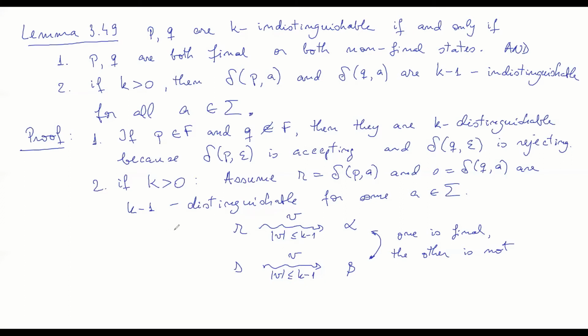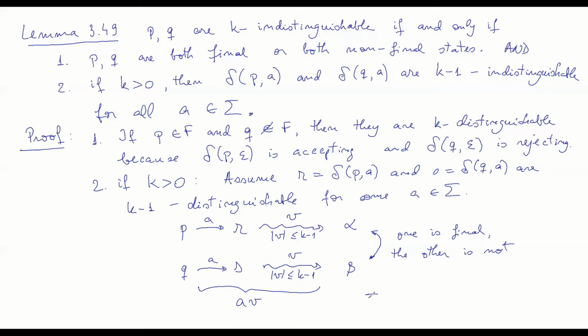But then remember that R was obtained by going from P with letter A, and S was obtained by going from Q with letter A. So what this means is that on this computation, the word AV takes you from P and from Q to two states. One is final and the other one is not.